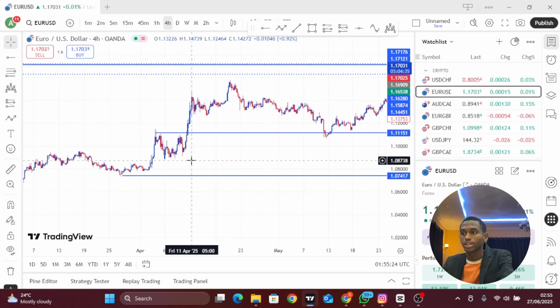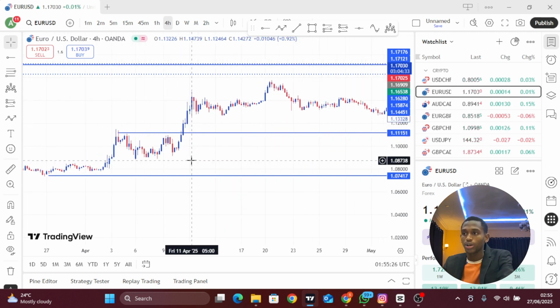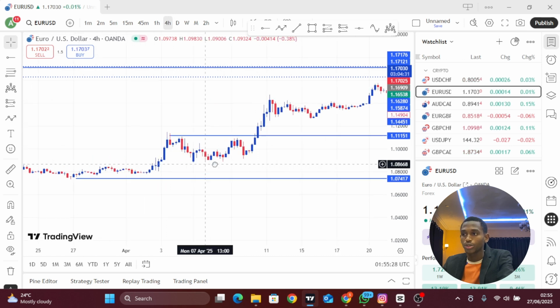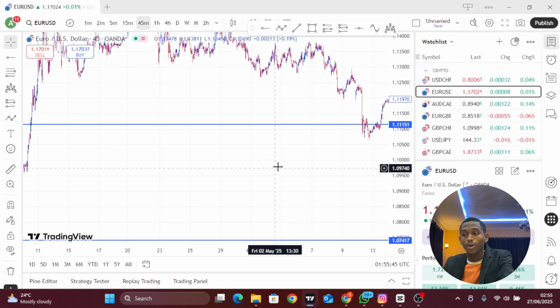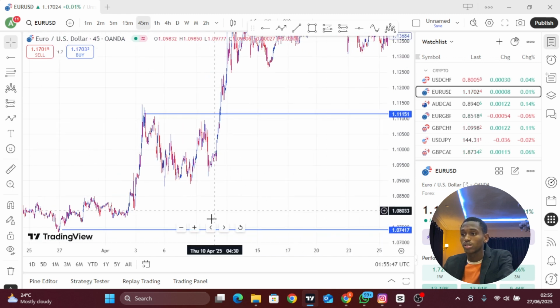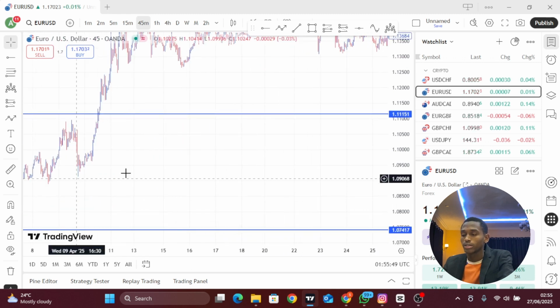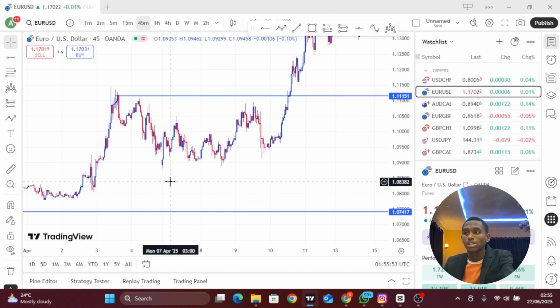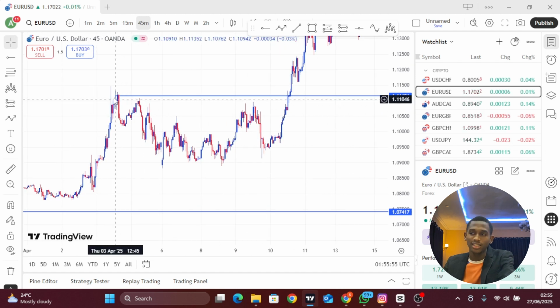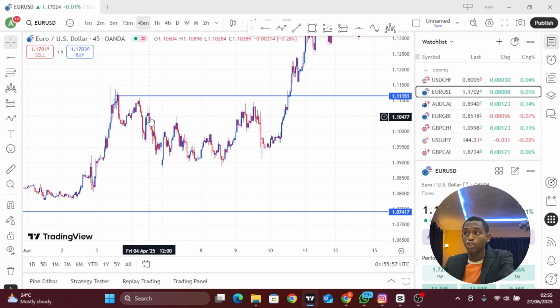But then again, there's something about this market. Now, if we zoom in to have a bigger picture, let's come down to the 45 minutes. I think the 1 hour would have done justice to it more, but let's stay with the 45 minutes. In the 45 minutes, we see that the markets did right here what is called a double top.